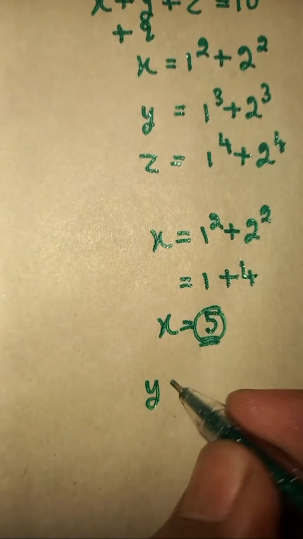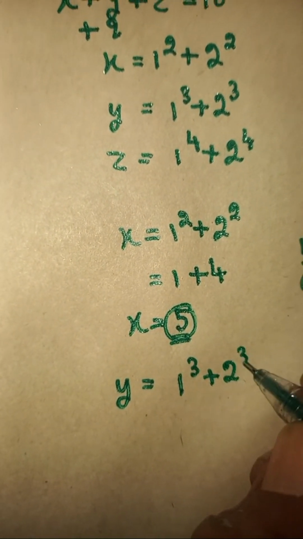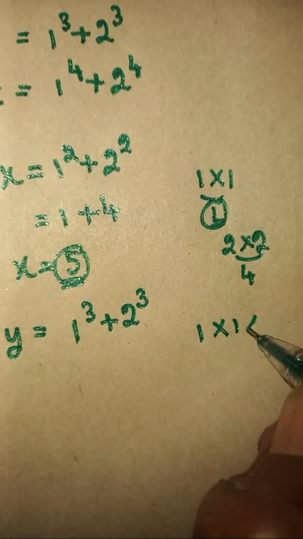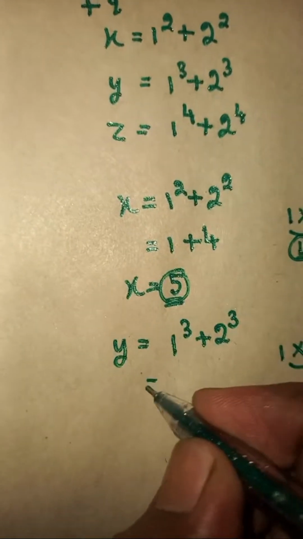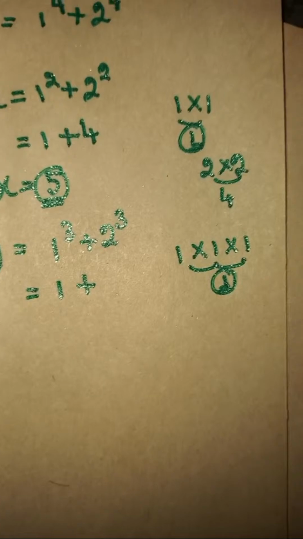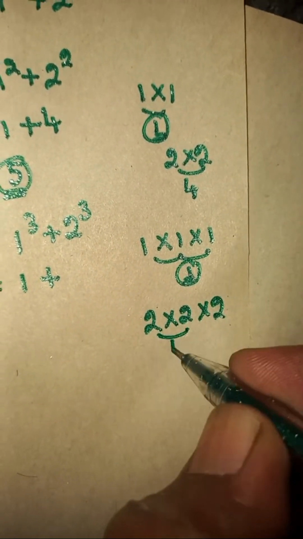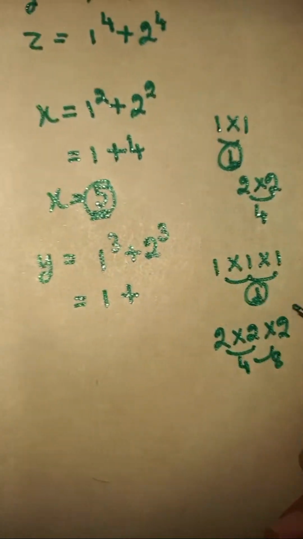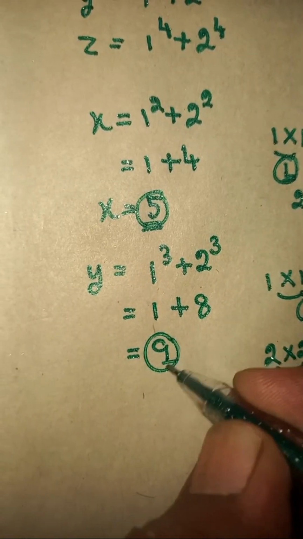And let's find the y value. y value is 1 cube plus 2 cube. 1 cube means 1 times 1 times 1. After multiplying, you get the final answer as 1. Plus 2 cube means 2 times 2 times 2. 2 times 2 is 4, and 4 times 2 is 8. So this becomes 1 plus 8, which is equal to 9.